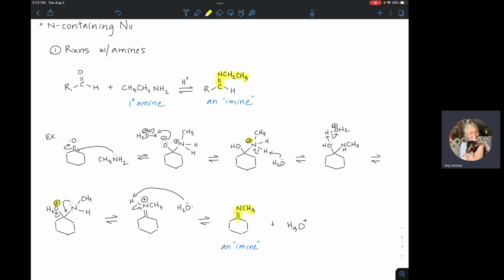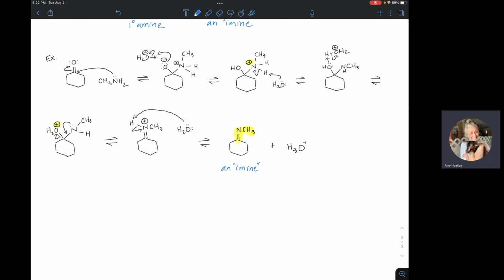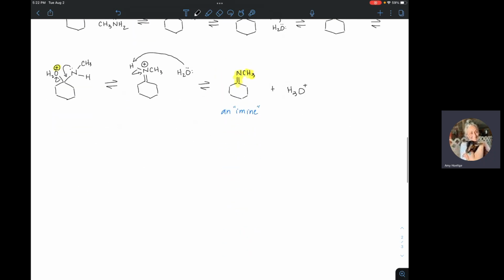If I take a secondary amine, I can take a ketone or an aldehyde. And I can react this with a secondary amine instead of a primary amine.